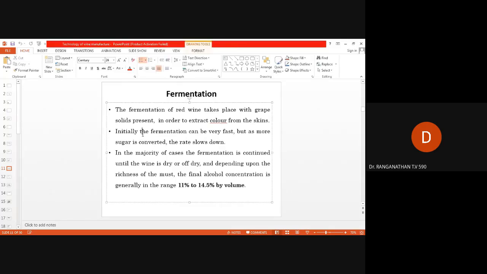Fermentation can be fast initially, but later, because of the obvious effect of alcohol on the yeast, the rate of the reaction slows down. The normal range of alcohol concentration is around 11 to 14.5%, as I already told you. The normal degree Brix of the starting material, the must, is somewhere around 22 to 30.